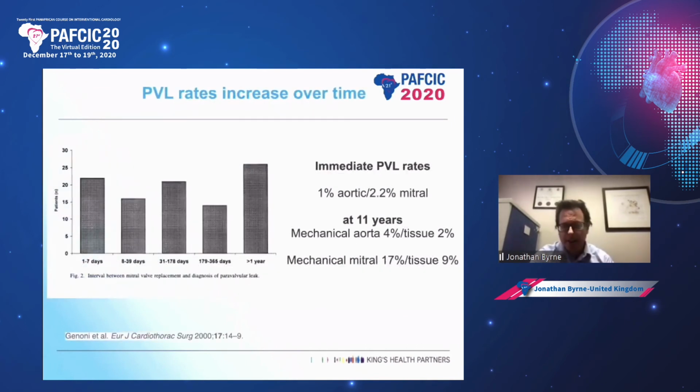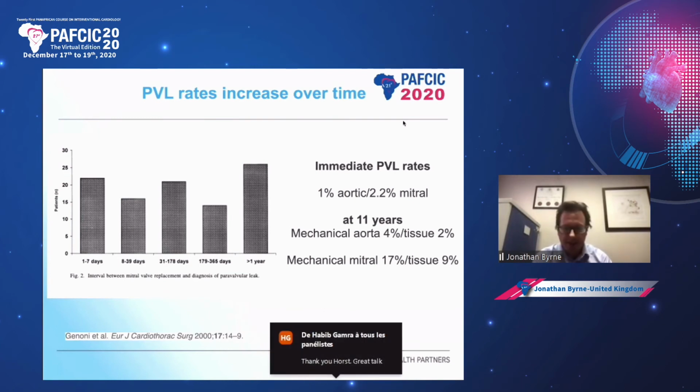The other thing to say about PVL rates is that they increase over time. Immediate PVL rates are low, 1% in the aortic position, slightly higher in the mitral. But at 11 years, that has degenerated significantly, particularly with mechanical mitral valves, which at 11 years have a PVL rate which approaches 20%.